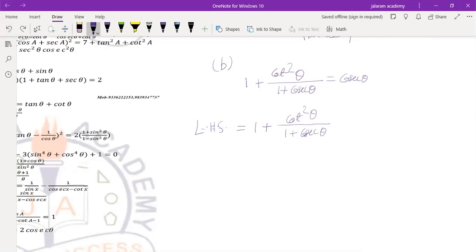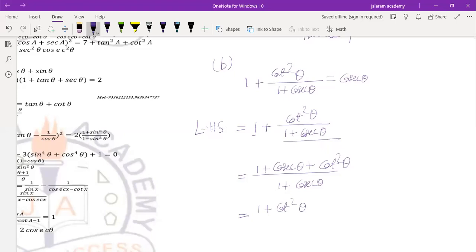Now again, there may be two methods. One, if we take the LCM of the denominator, it is only 1 plus cosec theta. Now this 1 plus cosec theta when multiplied to 1 gives 1 plus cosec theta plus cot square theta, which again has 1 plus cot square theta. Why?